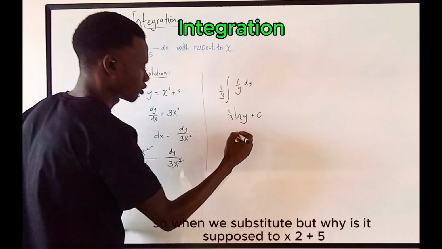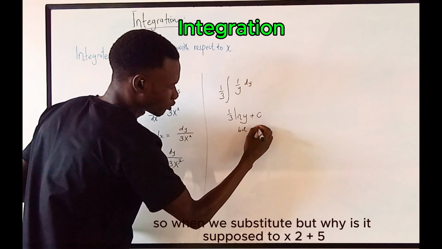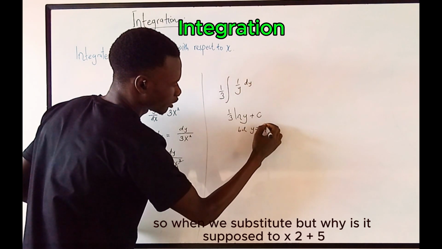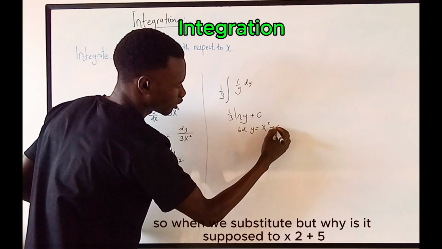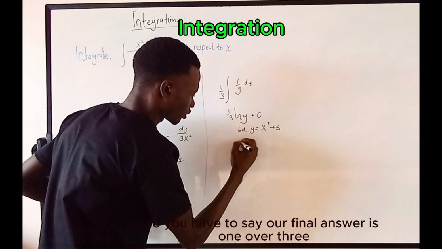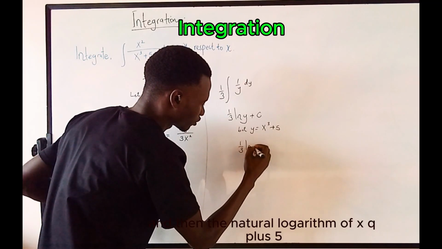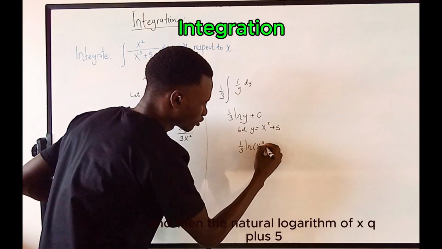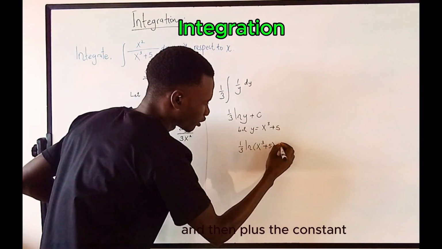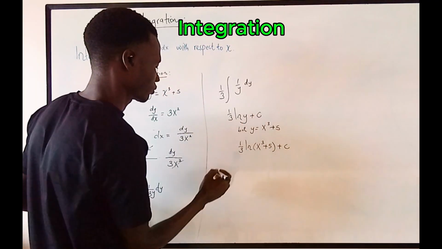So when we substitute, y is equal to x cubed plus 5. So in that case, our final answer is 1 over 3 times the natural logarithm of x cubed plus 5, plus a constant.